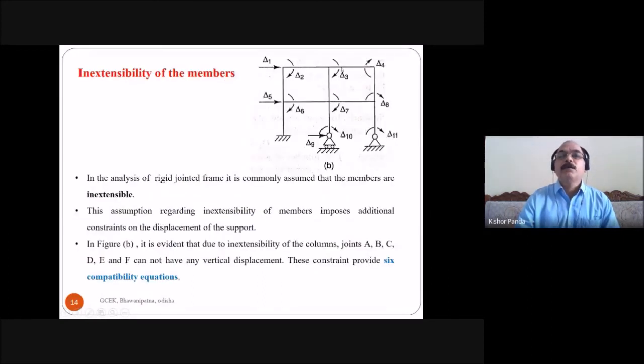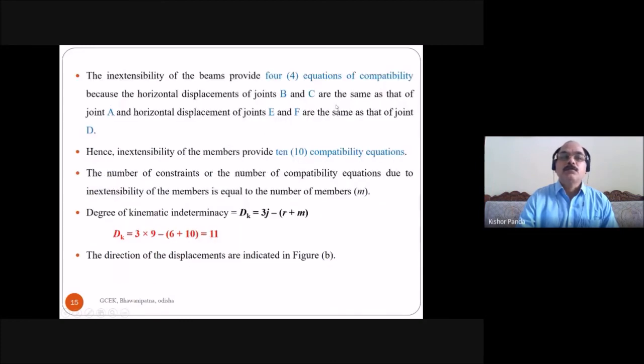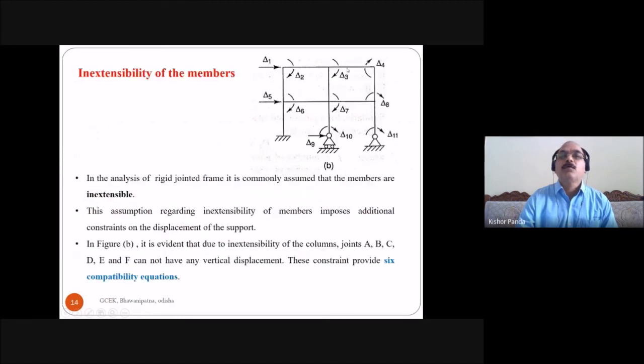Here you got 6 vertical members, meaning 6 compatibility equations, and 4 horizontal members, meaning 4 compatibility equations in the case of inextensibility of the members. So you just have to count the number of members and put it here. dk is equal to 3 into 9 minus 6 plus 10 is equal to 11, because the number of members is 10: 1, 2, 3, 4, 5, 6, 7, 8, 9, 10.